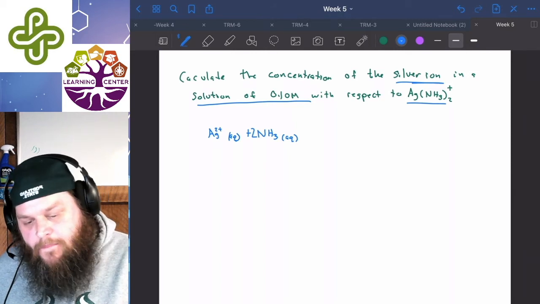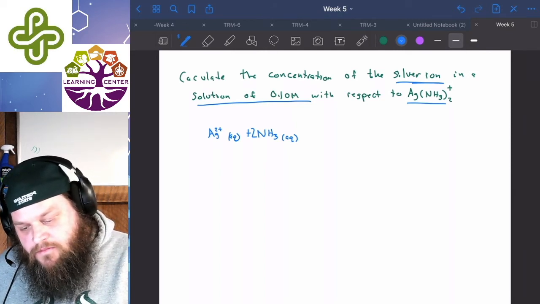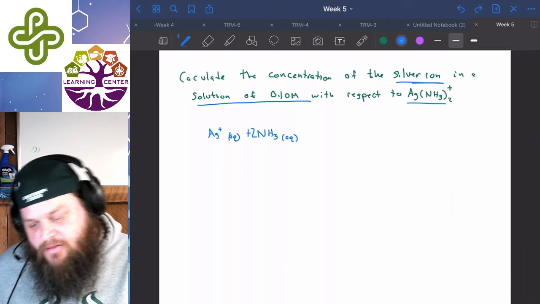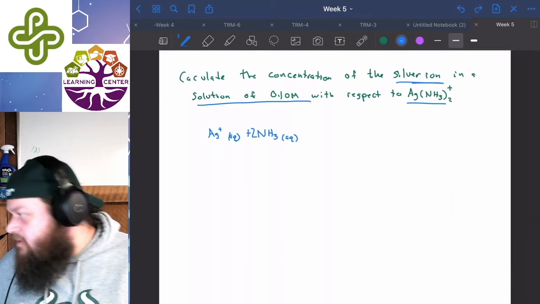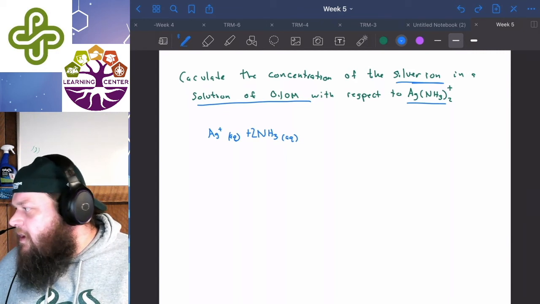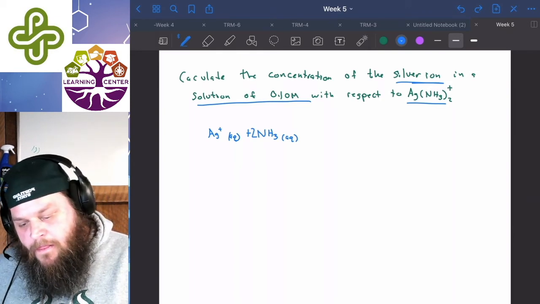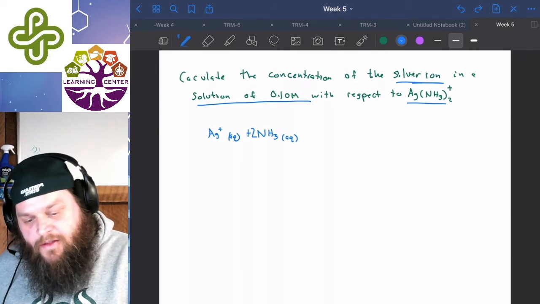Silver is just 1 plus, and the whole complex is plus 1.